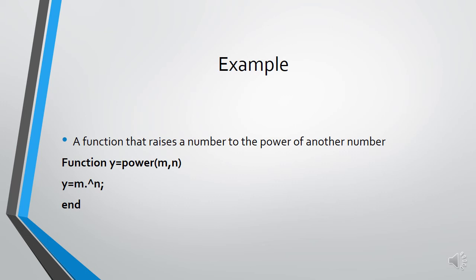The second line is the operation or the expression that we want carried out to produce our output. So in that instance, we compute m dot, we use the power icon on the keyboard, n. That is how we compute the power of a number, remembering that MATLAB is about matrices, so we need the dot operator as we're dealing with vectors.